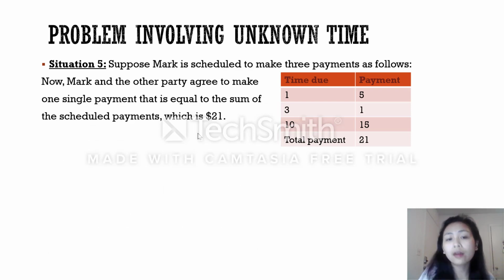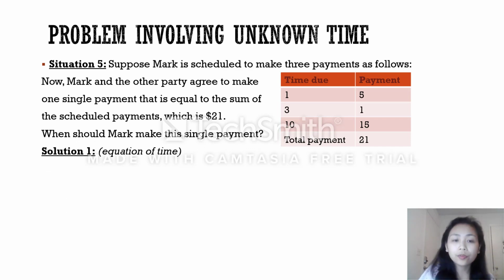Now Mark and the other party agree to make only one single payment instead. That means instead of paying $5, $1, and $15 as scheduled, they agree to combine them into one single payment of $21 at time t. The question asks at what time he should make the payment to have the same time value of money.